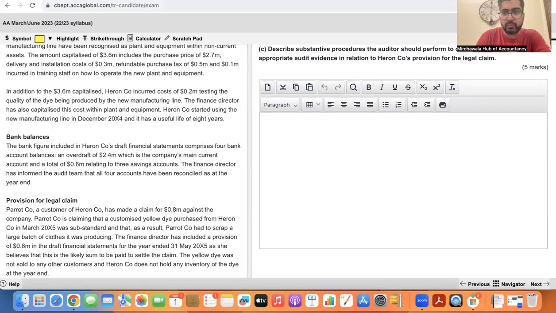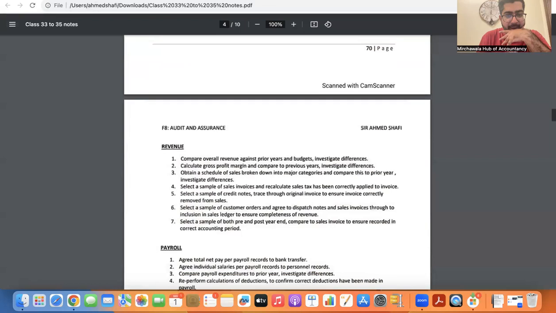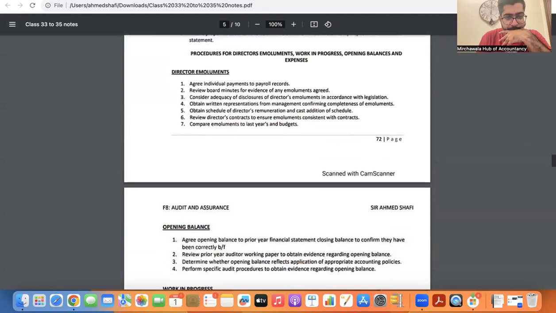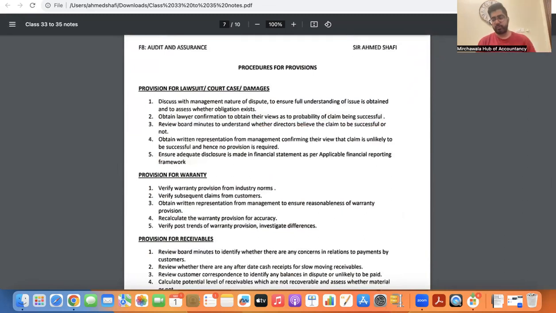Okay. So for provision of legal claim, let's go to my notes for provisions. Provisions for lawsuits. Okay, we will write about the legal claims, lawsuits. So first, write them. The first one for provision: discuss with management the nature of dispute to ensure full understanding of issues obtained and to assess whether obligation exists.